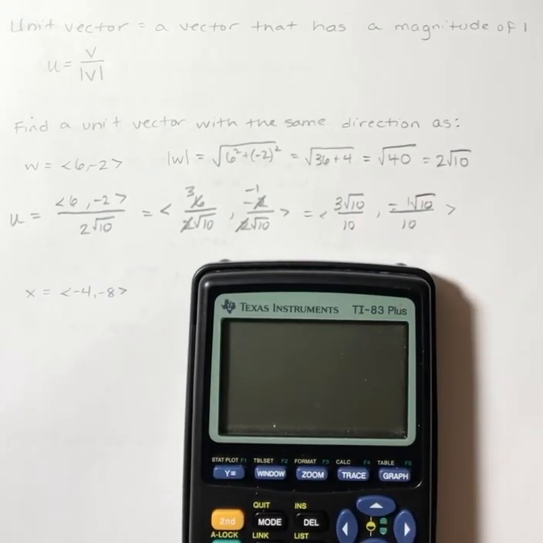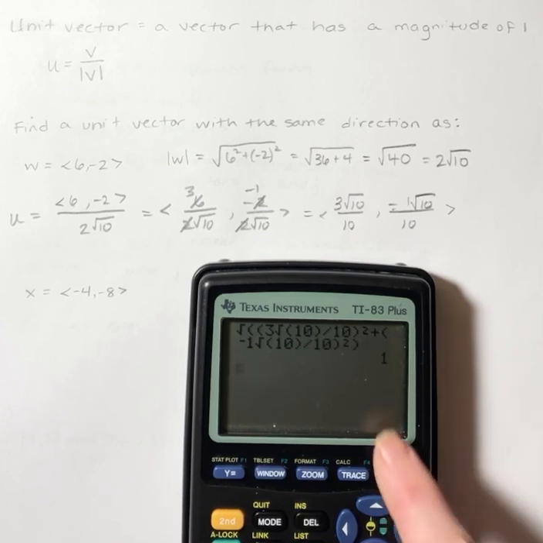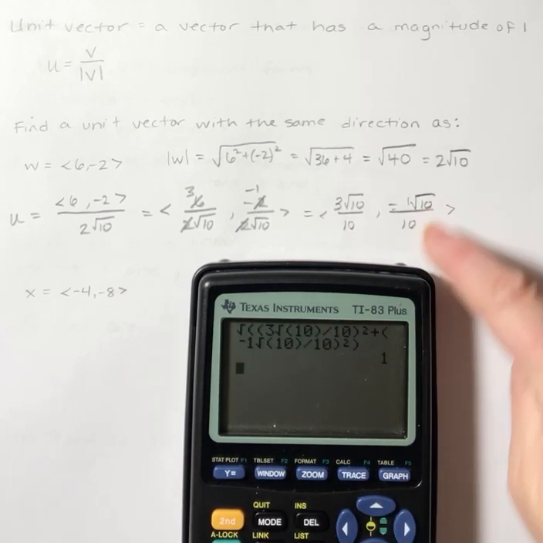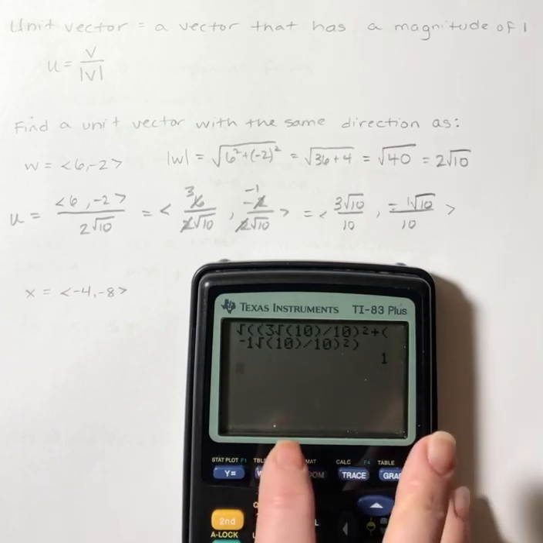So if you wanted to find the length of that vector, you would take the square root of 3 square roots of 10 divided by 10 squared plus negative 1 square roots of 10 over 10 squared. And there's my magnitude of 1. And so if you're finding your unit vector, you can check and make sure that your length is in fact 1.